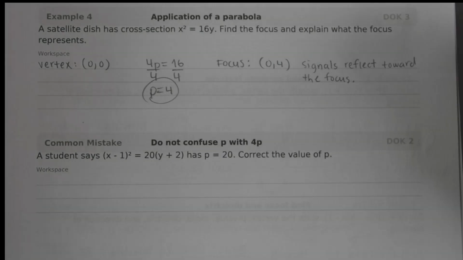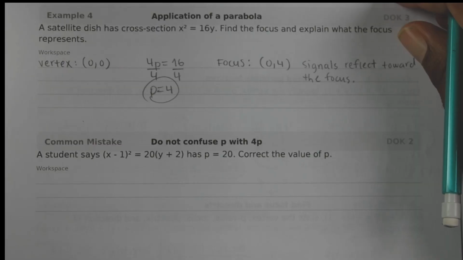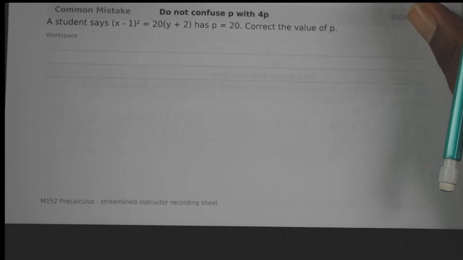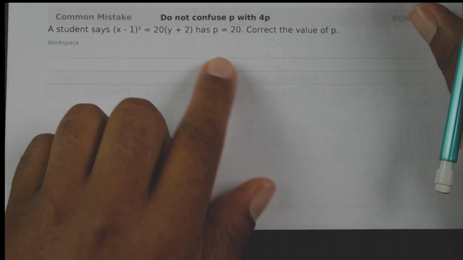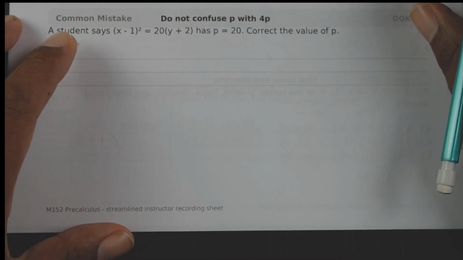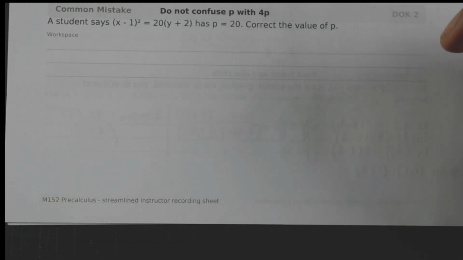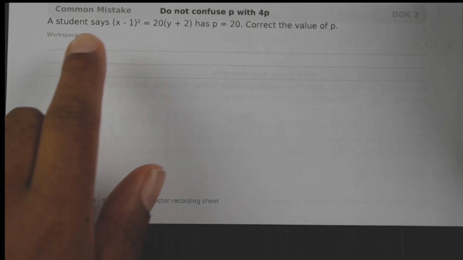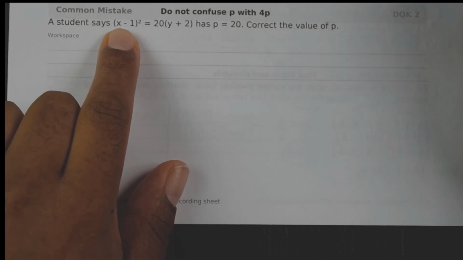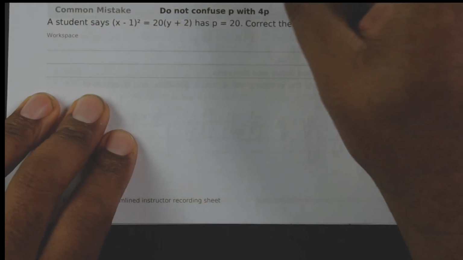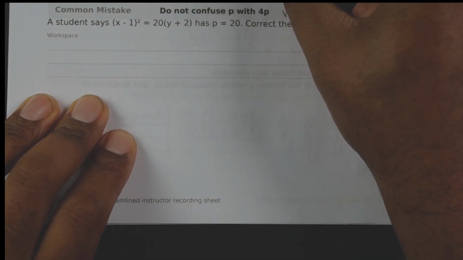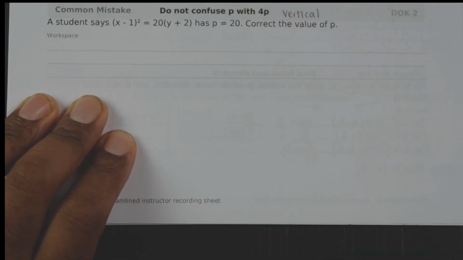Right? Here's a common mistake. The student says that this expression here has a p of 20. Correct the value of p. So for this particular problem, the mistake is confusing p with 4p, right? This is a vertical form because you see x is squared and y is not, so this is a vertical parabola.